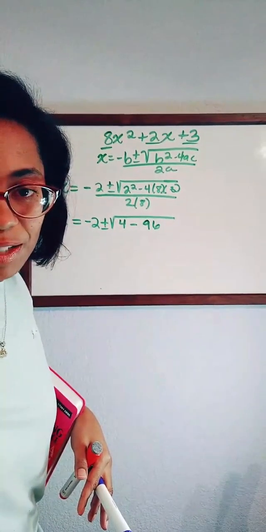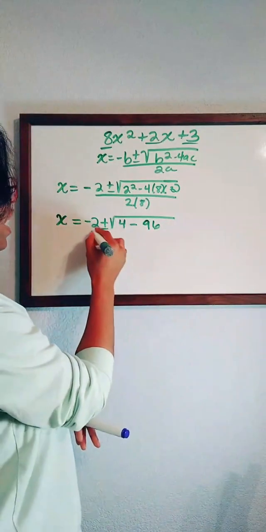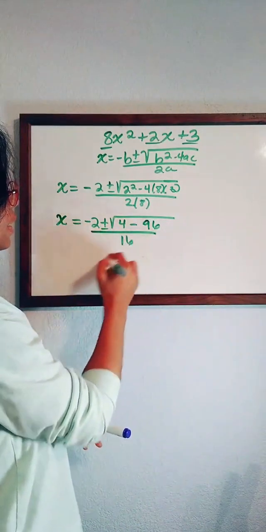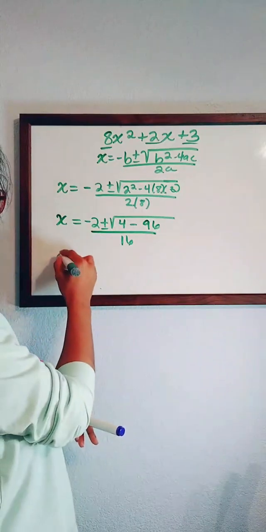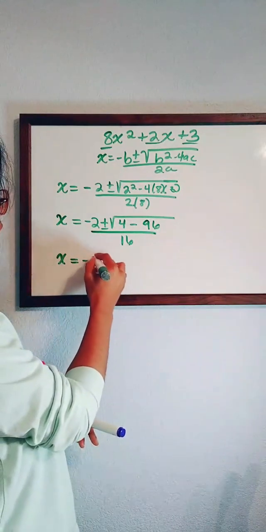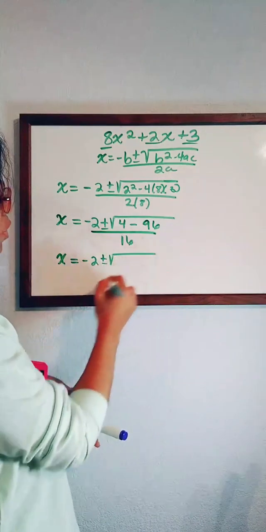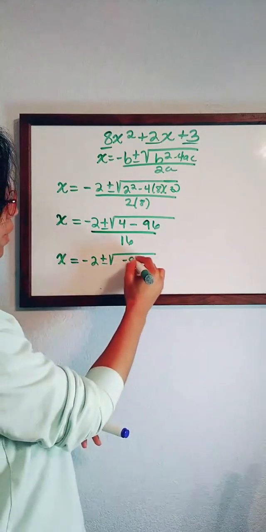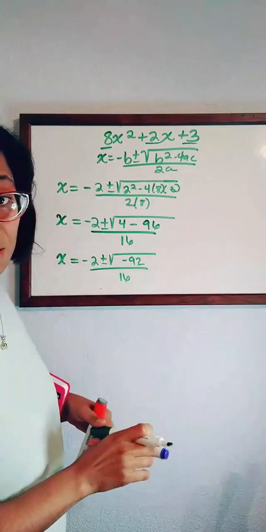Oh my bad, all divided by 16. Then we have x is equal to negative 2 plus or minus the square root of 4 minus 96, which is negative 92 over 16. Yeah, it'll be an imaginary number.